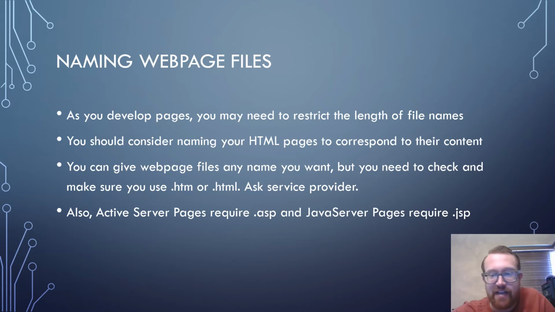Also, active server pages require .asp and Java server pages require .jsp. Those two file types we don't talk about in this course because they're advanced technologies in web design, but if you would continue on, you would learn more about those.